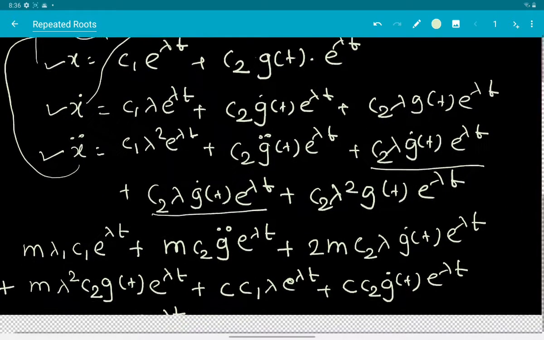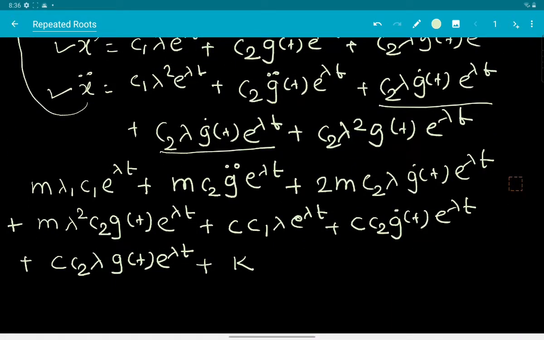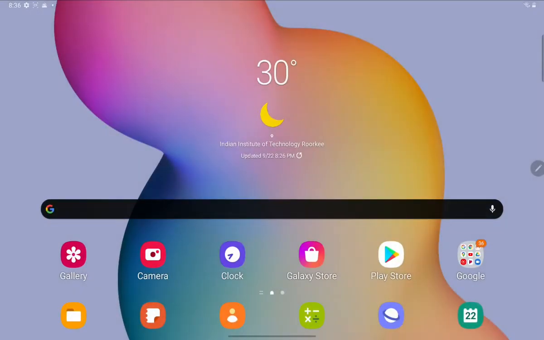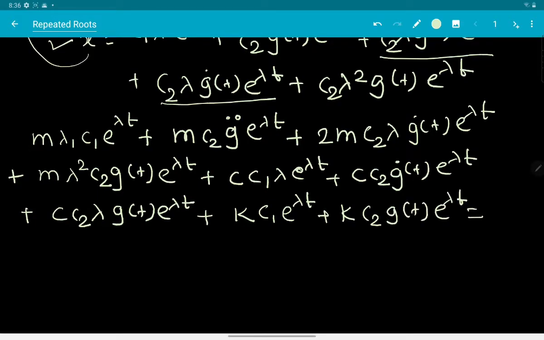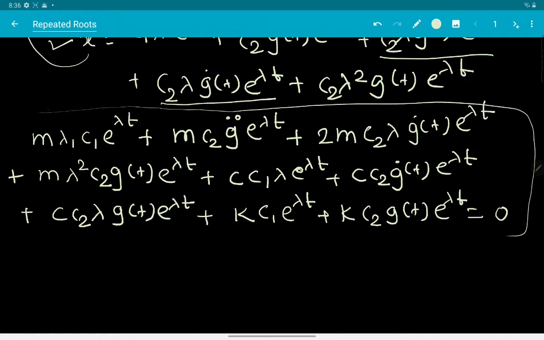Yes, this is x. So what we'll end up with is k c1 e raised to lambda t plus k c2 g of t e raised to lambda t. Sum of all these terms goes to 0. Okay, so these are all the entities that we have to take care of. Sum of all these things will go to 0.